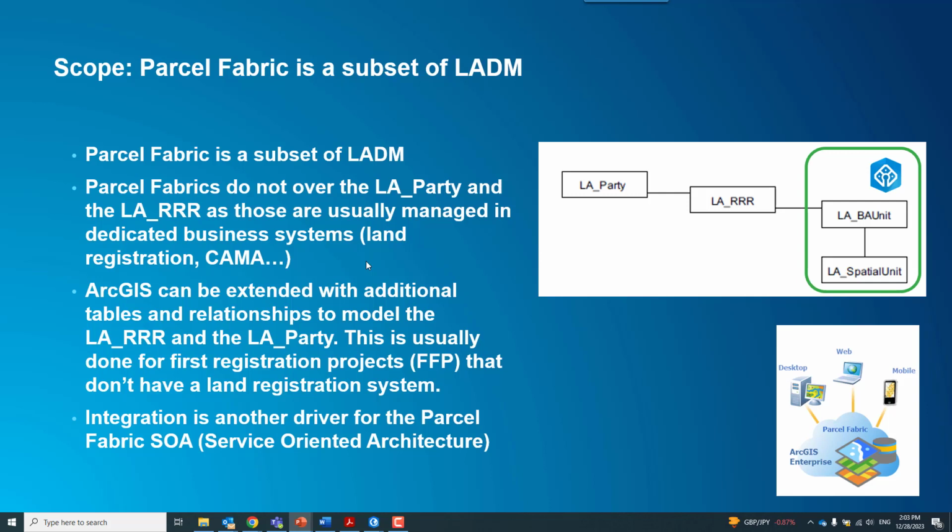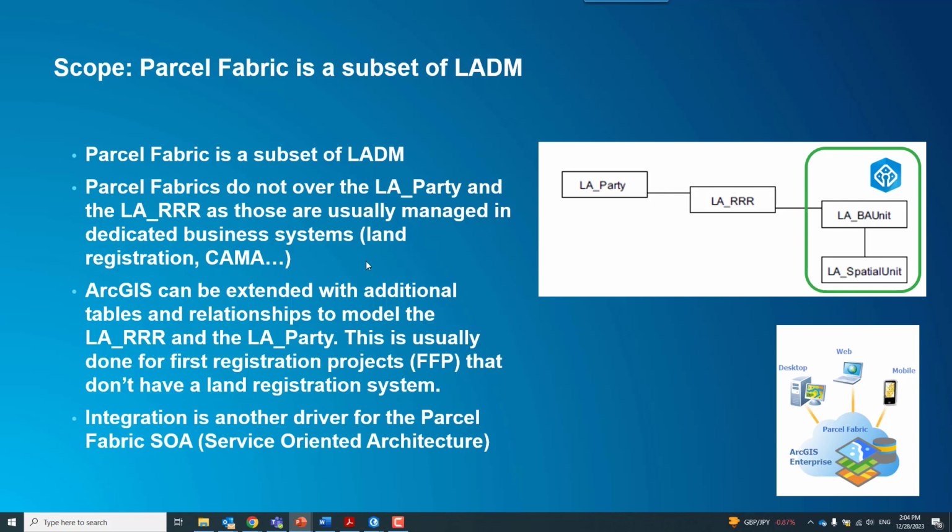And the reason is because usually the parties and the 3 Rs are managed in a land registration system, a dedicated system that has a lot of other functionality to put all the rights and liens against the property, etc., which we don't cover. And we don't try to cover. We only cover on the spatial component, the GIS system that represents all the parcel geometry.